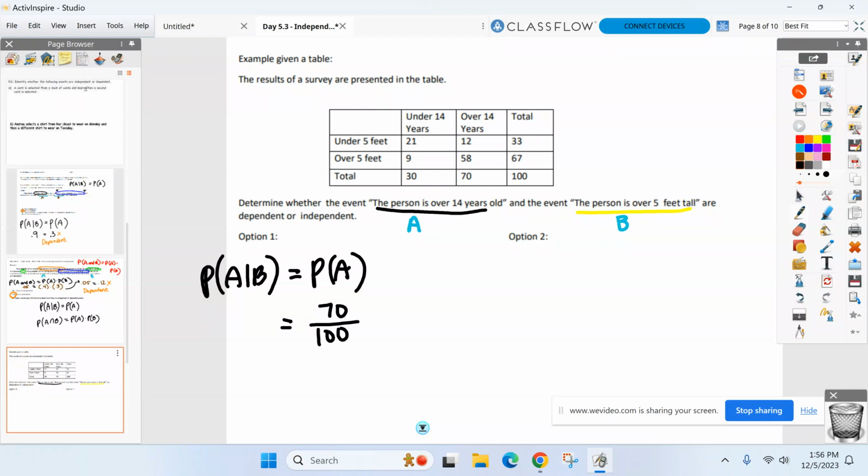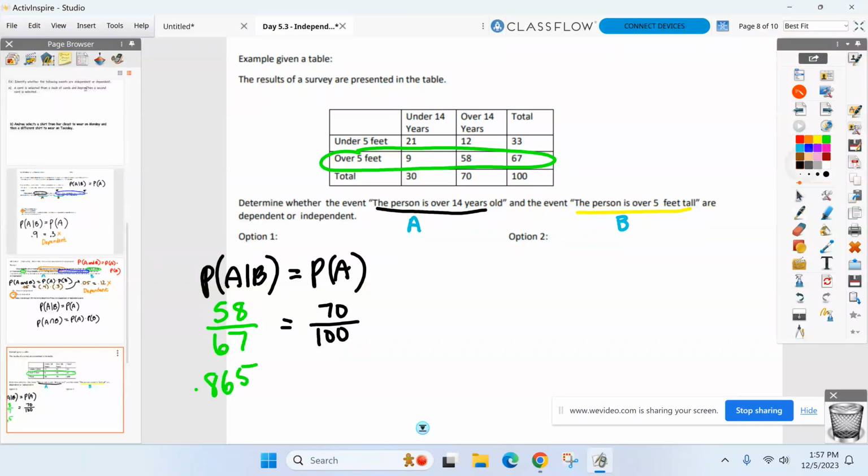That's why I did it with you, to get to this point. So look at your table. I'm only looking here because it's already given they're over 5 feet. So out of those 67, how many are over 14 years old? 58 of them. Now, just by the looks, I have no idea if these two are equal to each other. But that's why I have my calculator. So 58 out of 67 gives me about a 0.865.